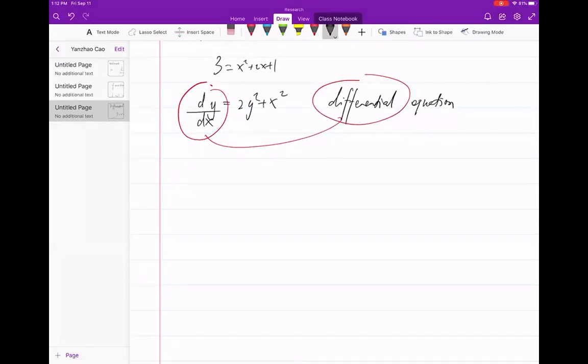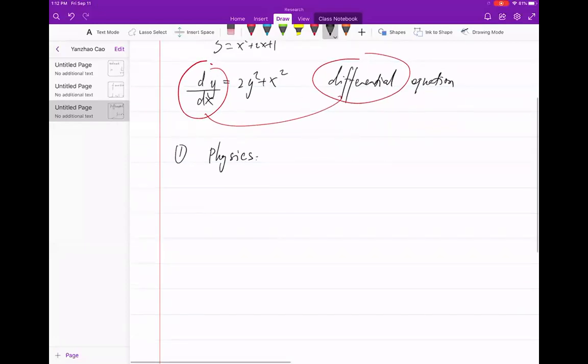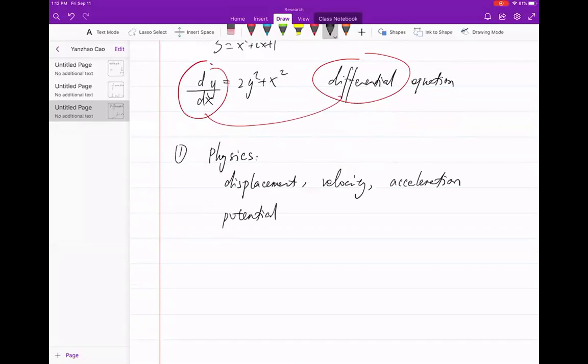How to understand it? Let's understand it from two different perspectives. The first one is from physics. Naturally, we need them. Why? Because physics plays with quantities such as distance or displacement, velocity, acceleration, potential, force, and on and on.